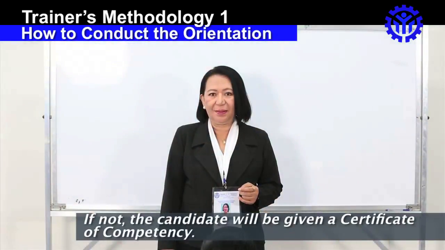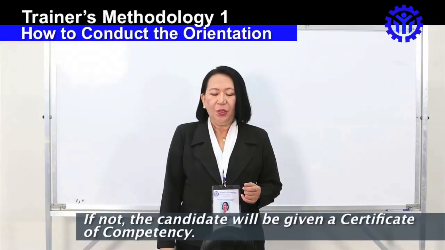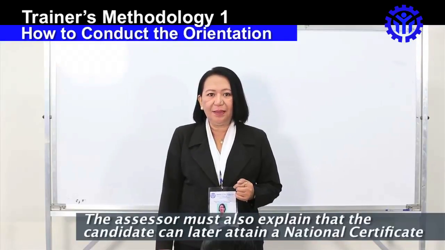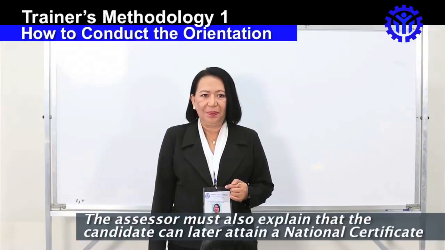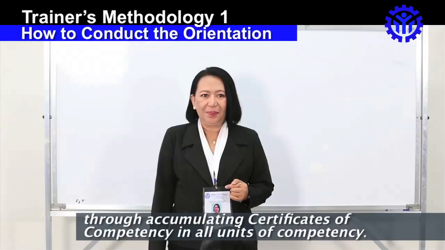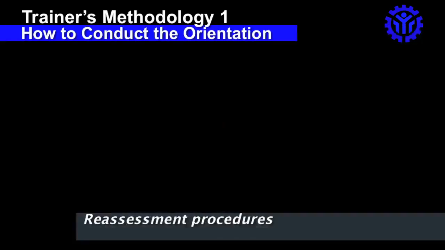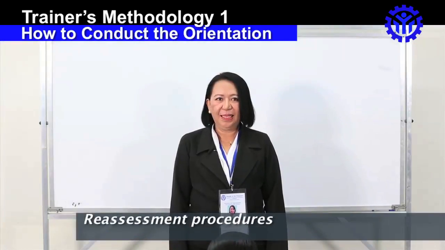If not, he or she will be given a certificate of competency. The assessor must also explain that the candidate can later attain a national certificate through accumulating certificates of competency in all units of competency.